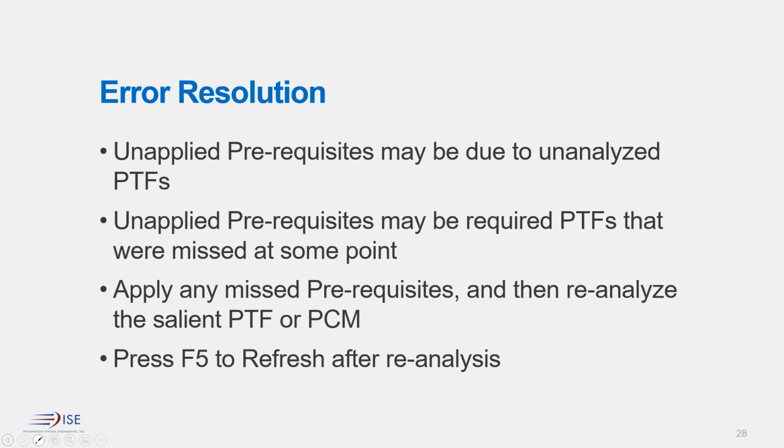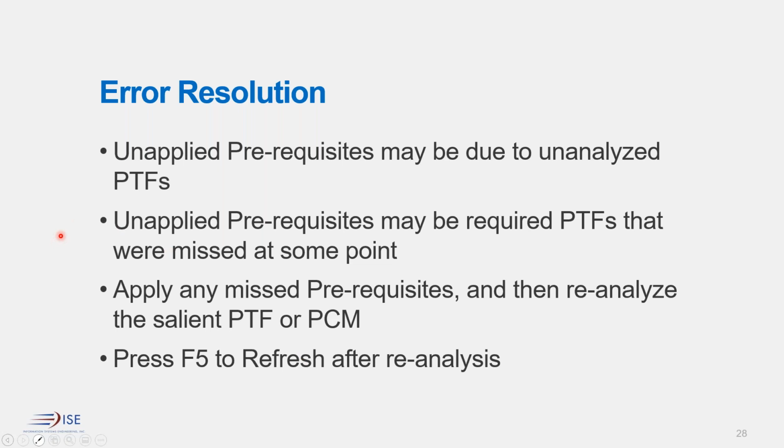Okay, so I think I already mentioned that you can get an unapplied prerequisite error if you have not done Analyze All, but since we've all done it, we wouldn't expect to get these kinds of errors unless there actually was truly an unapplied prerequisite that is not on your system.